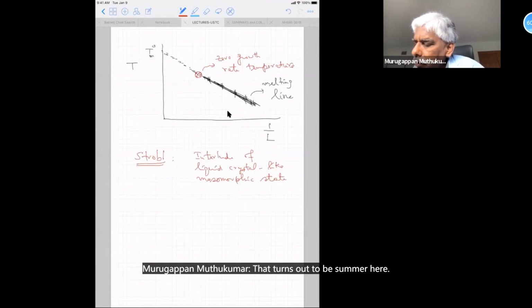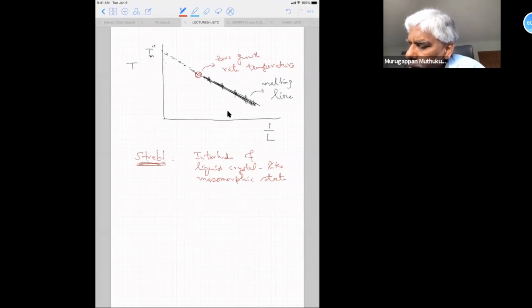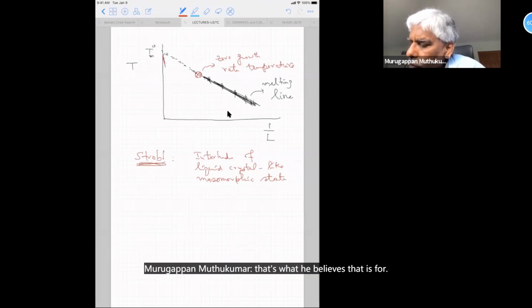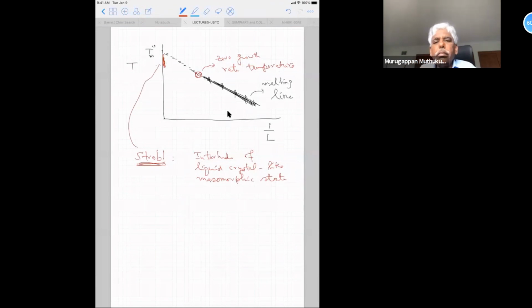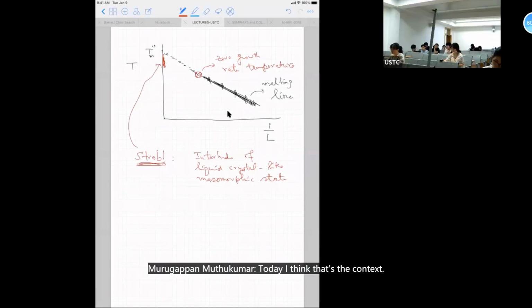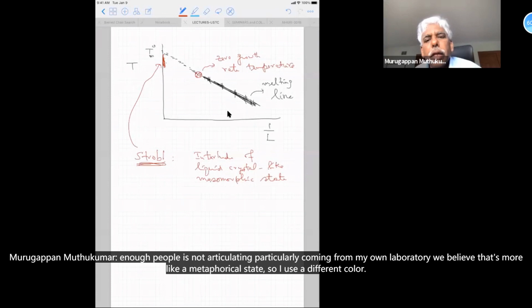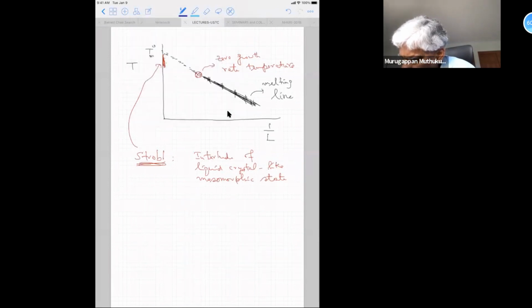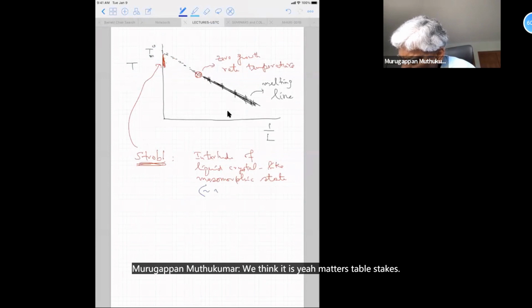That turns out to be somewhere here. That's what he believes. That is trouble. Even today, I think that's the context. And now people are recognizing, particularly coming from my own laboratory, we believe that's more like a metastable state. So I'll use a different color. We think this is a metastable state.